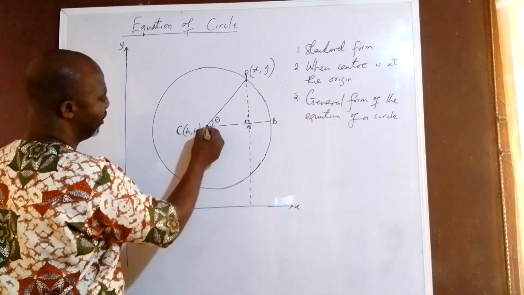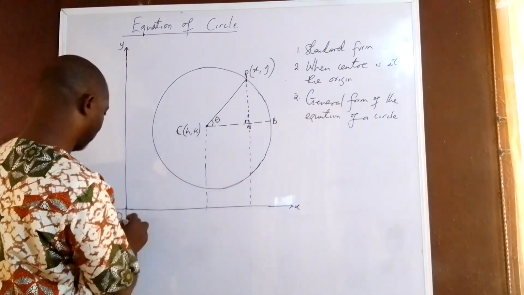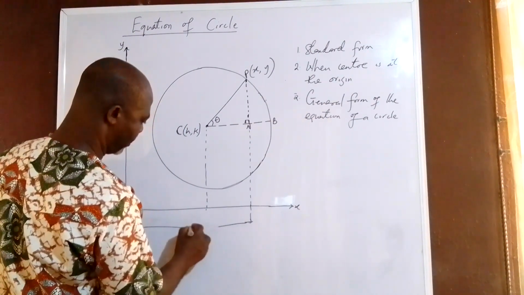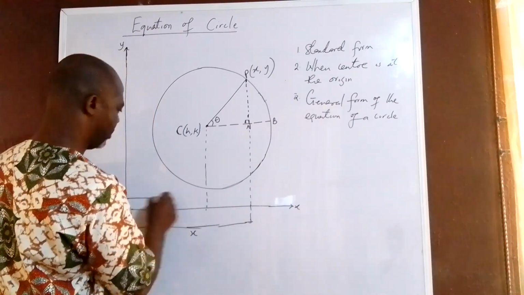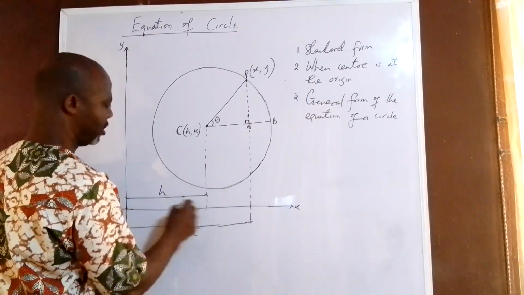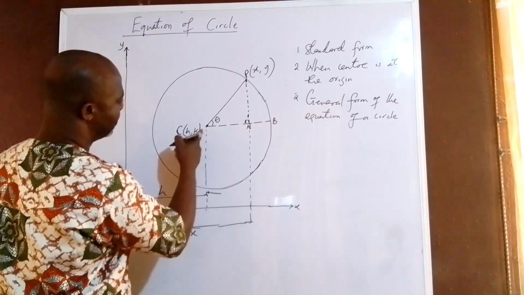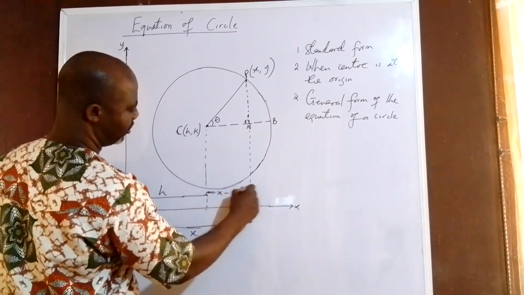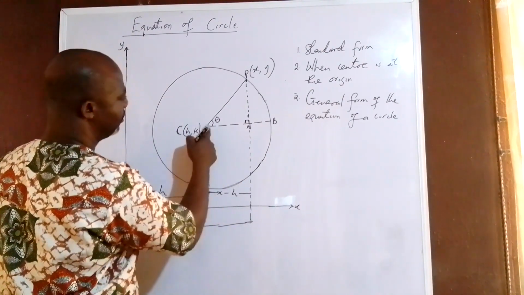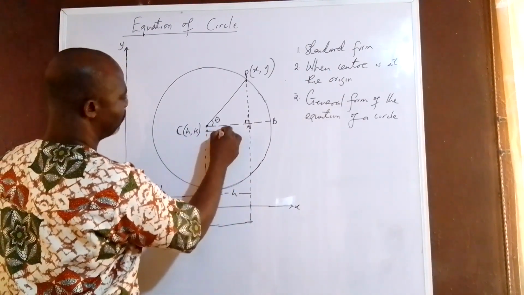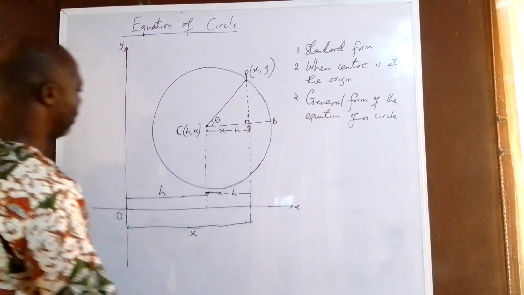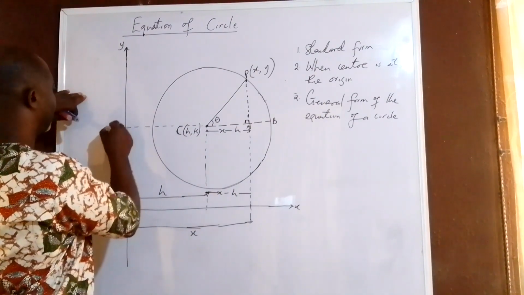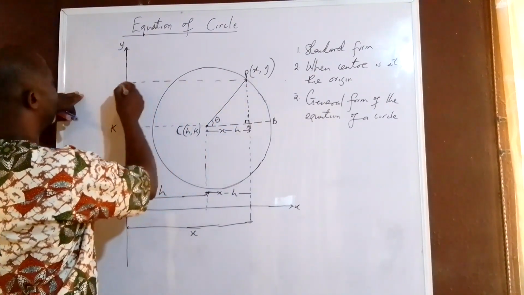And then of course, this is point H. From here to this point, the distance is X, and from here to that point, the distance is H. So the distance between C and N is X minus H, which is the same as what we have here, X minus H. We also have to extend this and call this K, and extend this also and call this Y.